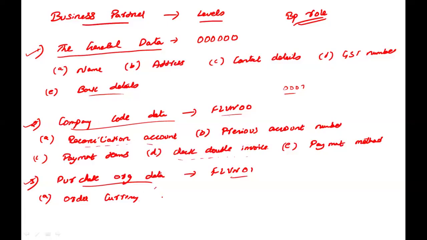Okay. Again, in the purchasing data, you have the payment terms. This payment terms is related to the financial. This payment terms is related to the purchasing. Okay. Then you have the GR-based invoice verification.